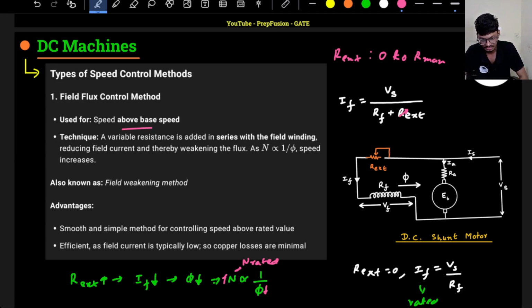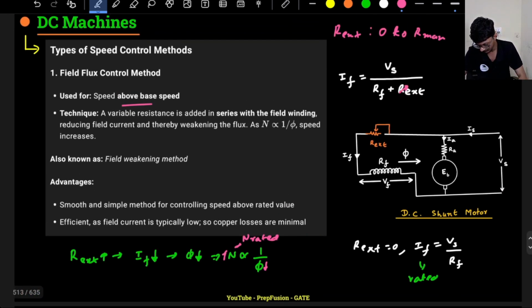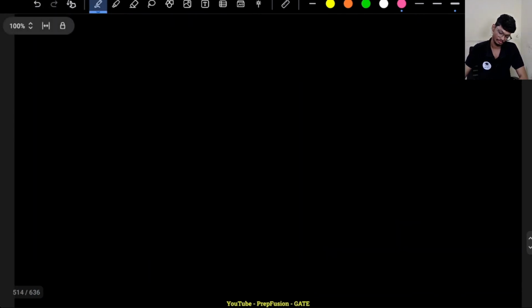You can understand this with the torque equation as well. How can I understand this with the torque equation? You are saying that you are controlling the speed here, right? So what is happening to the torque here?